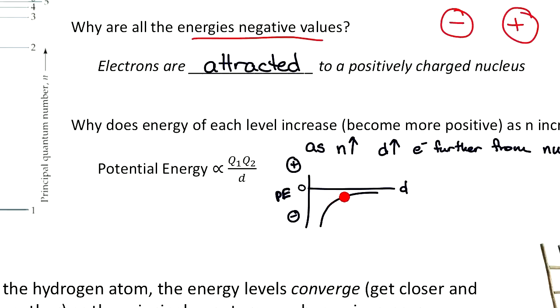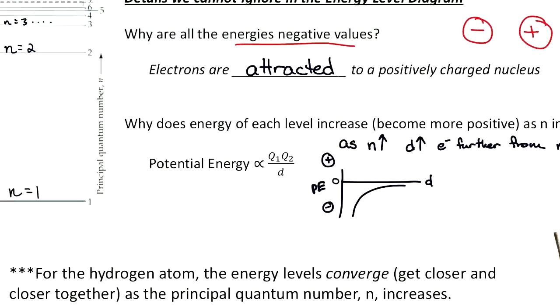But once we get further and further away, notice how the change is less and less. So notice how the change is less steep the further we get away from the nucleus. Basically, this graph reflects the change of potential energy shown in this potential energy electrostatics graph as well.